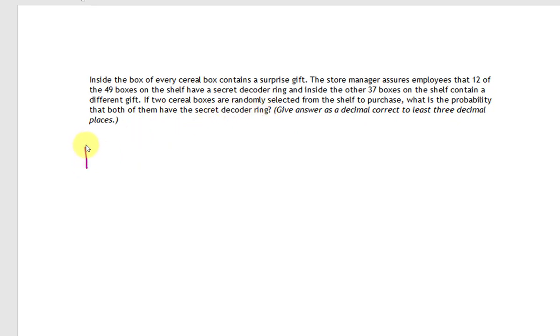Okay, so we are looking for the probability that both of them have the secret decoder ring.